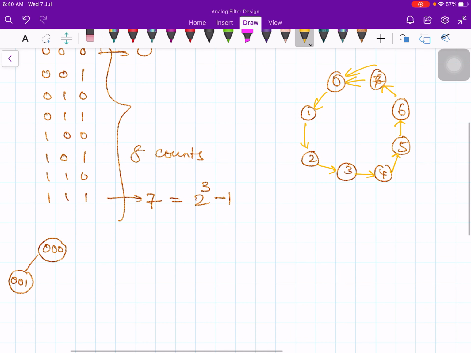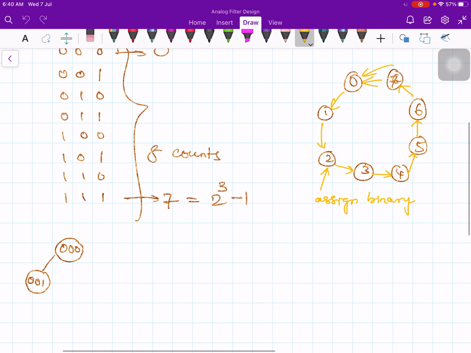So now instead of writing in this method, I am going to assign binary numbers. Recall the design procedure: we said there are 7 steps while designing the sequential circuit.